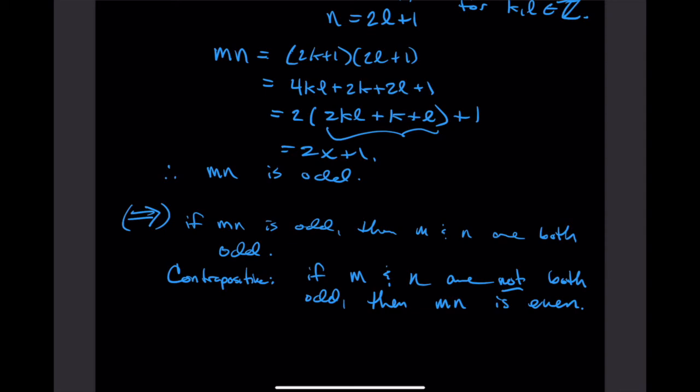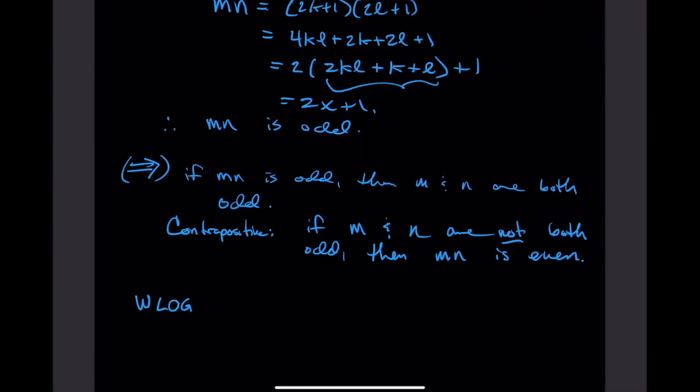So basically we have two cases here. The first case is m is even. The second case is n is even. But you can see what happens if we let m be even. So without loss of generality, we're going to say let m be the even integer.